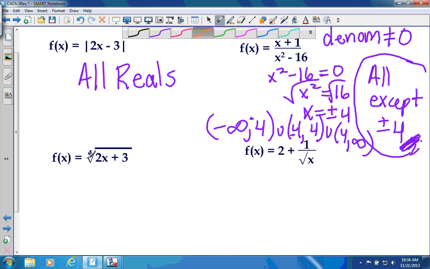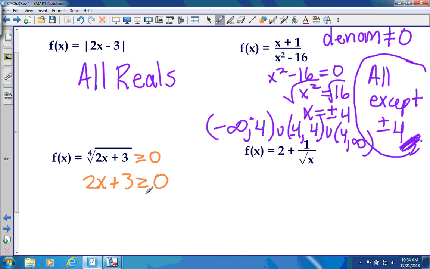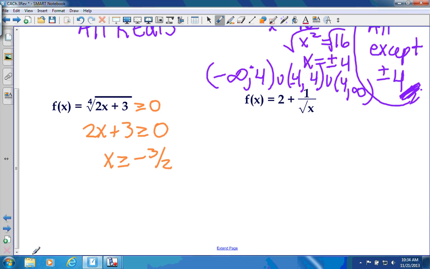When you have an even root, fourth root, square root, this has to be greater than or equal to 0. So 2x plus 3 has to be that. So x has to be greater than or equal to negative 3 halves.